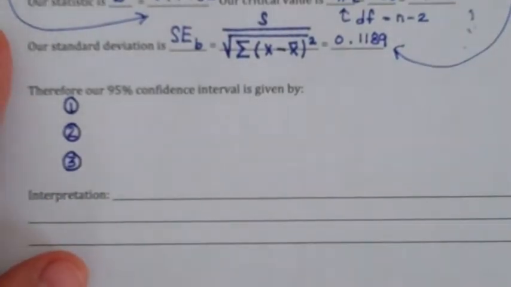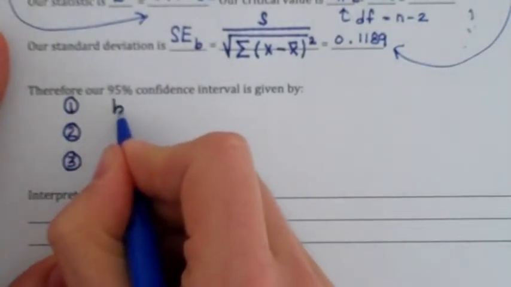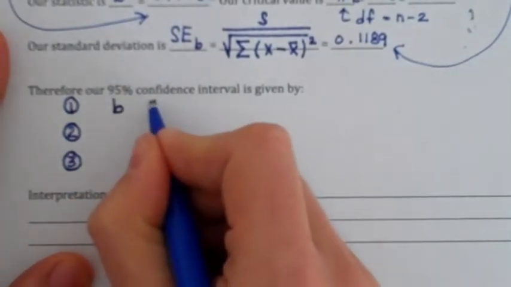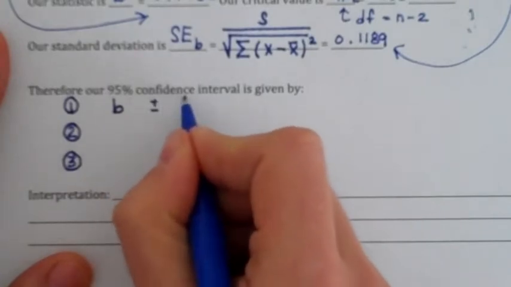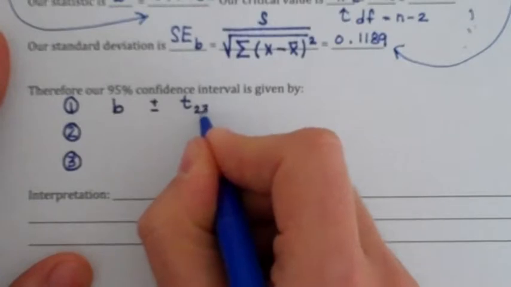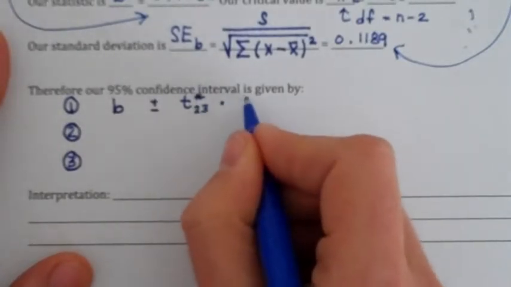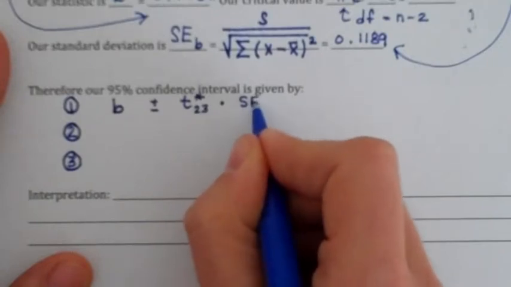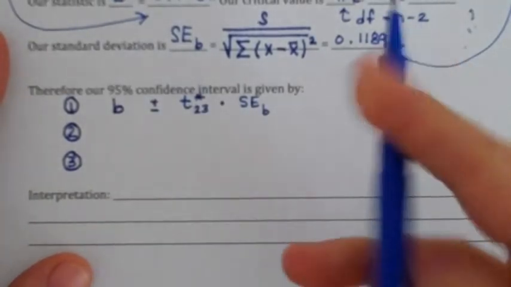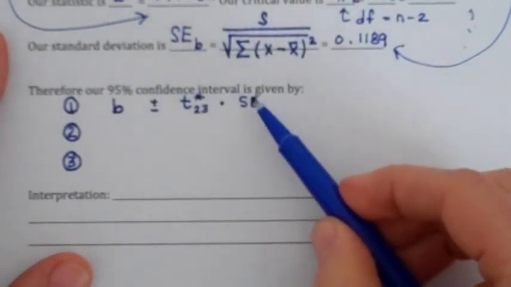The first step is to write the formula: statistic plus or minus critical value, I'm going to call it t star 23, times standard error of b. You do not need to write this formula right here. If you call it this, you're good to go.